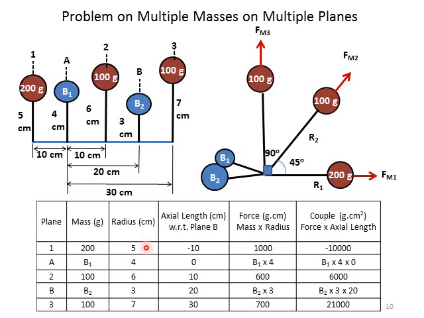The radial distances are 5, 4, 6, 3 and 7 cm. The axial distances are -10, 0, 10, 20 and 30.